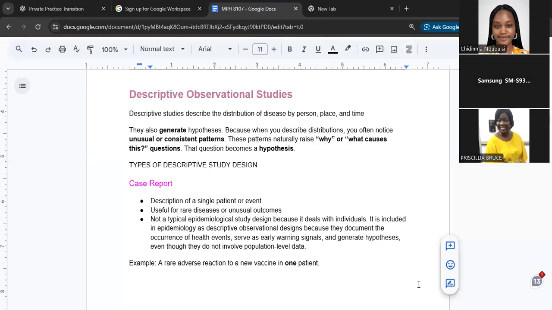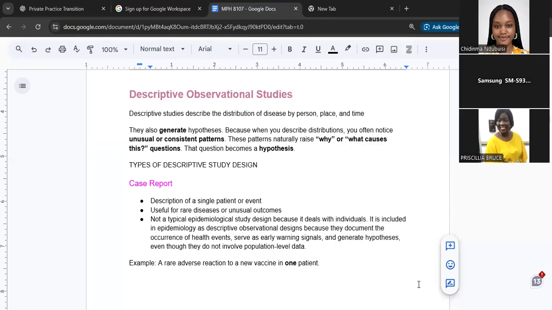Remember, it is a descriptive study design. So basically, what the physician, or whoever the healthcare professional was that noticed that thing, is going to do is write a report and alert the health bodies and say, this is what we found.